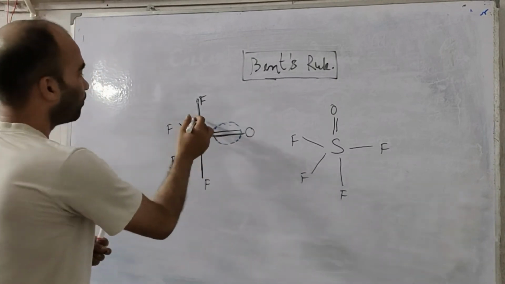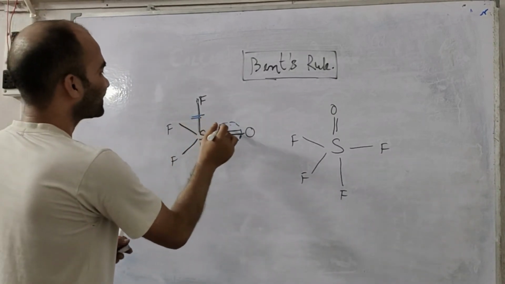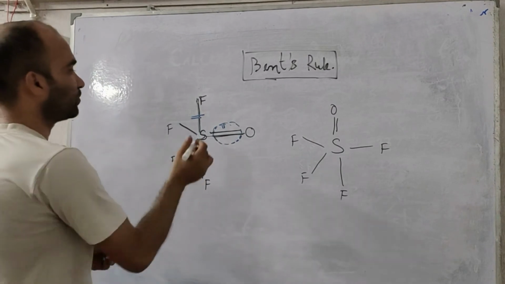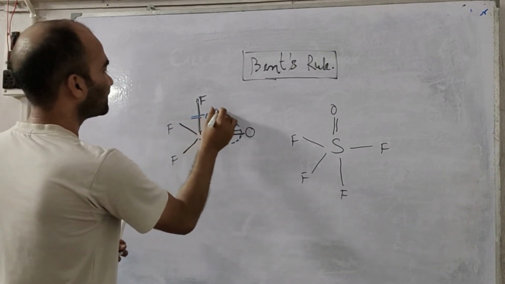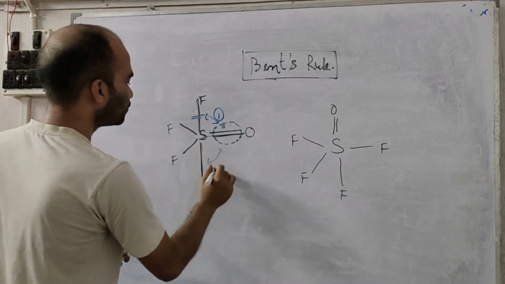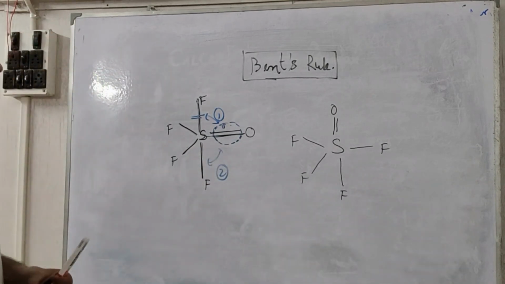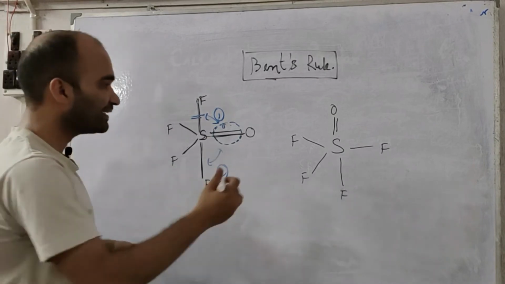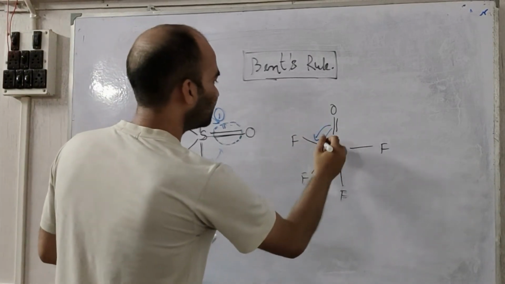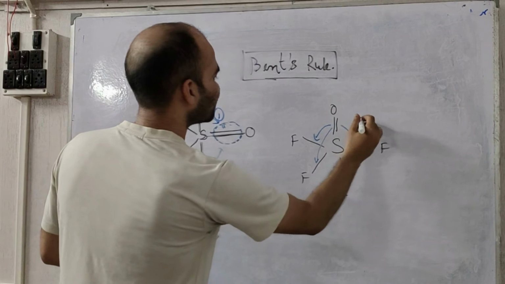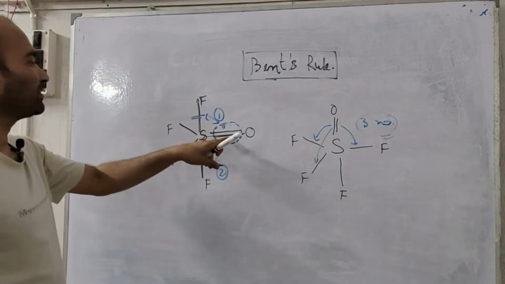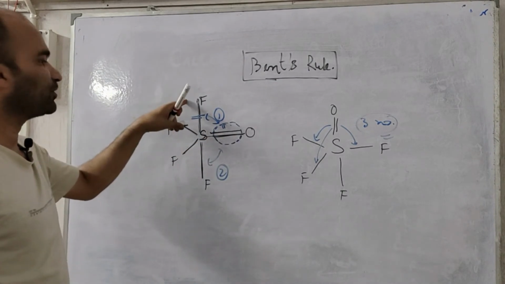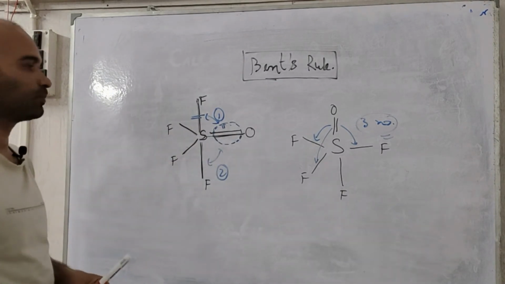Now, bond pair and pi bond electron density repulsion will act here, with pi bond and bond pair repulsion, here 1, 2 and 3 numbers. So there is more repulsion if we put this pi bond in the axial position rather than the equatorial position.